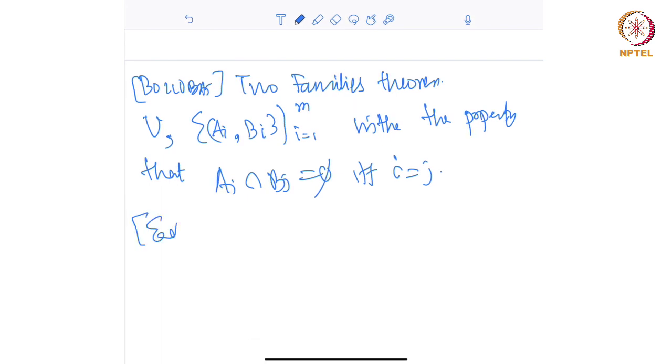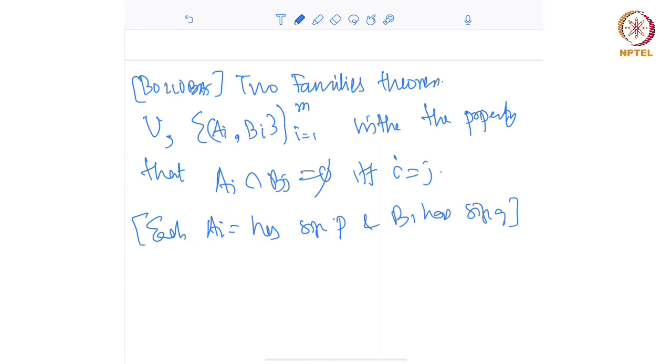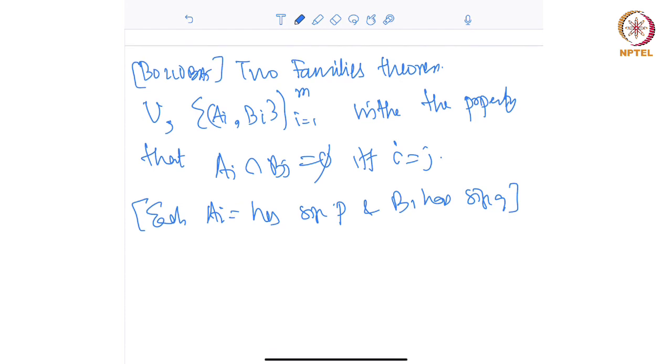Of course, each AI has size p and Bi has size q. Then M is less than or equal to some number. We will get that.